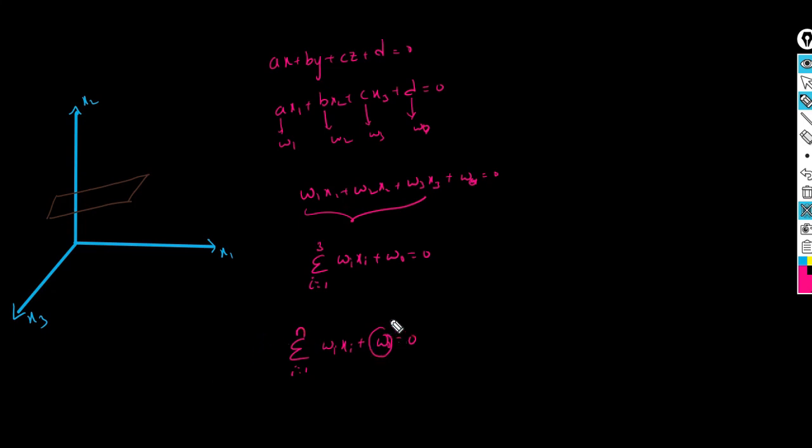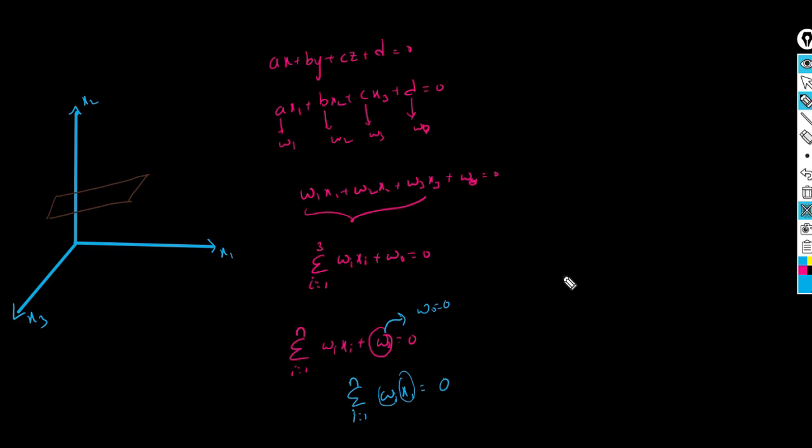If the plane is passing through the origin, then this value w0 is going to be 0. Now let us consider that the plane is passing through the origin. Then we get the sum for i equal to 1 to n of wi xi equal to 0. This is a vector and this is also a vector.